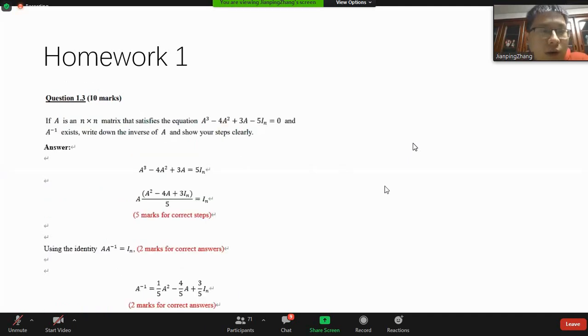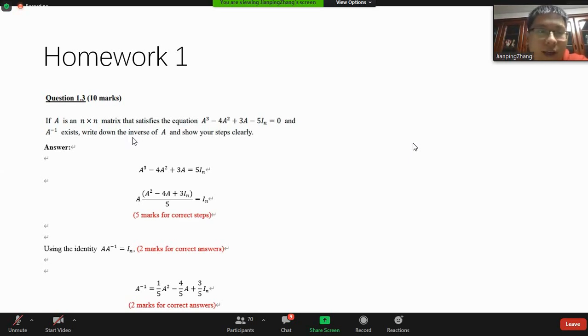Question 1.3 is to calculate the inverse of the matrix A. So how to do that? We know the property of the inverse of a matrix: the matrix multiplied by its inverse is equal to the identity.